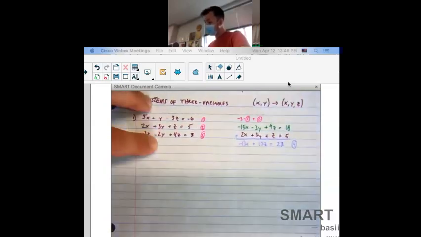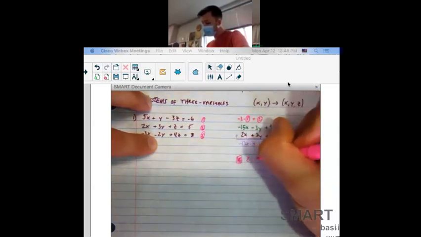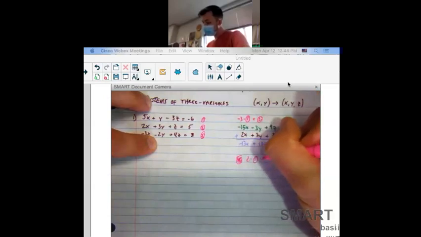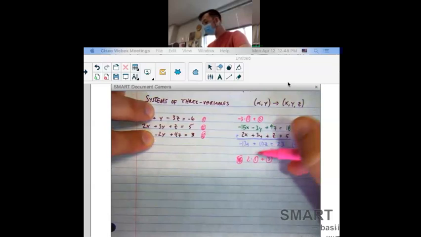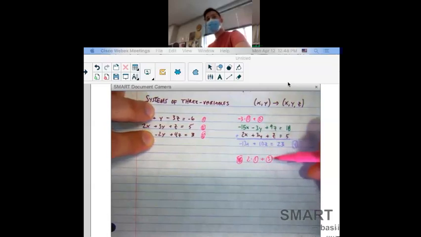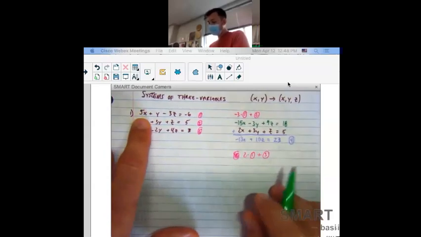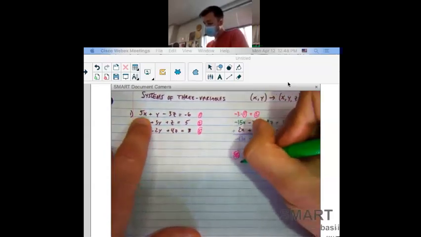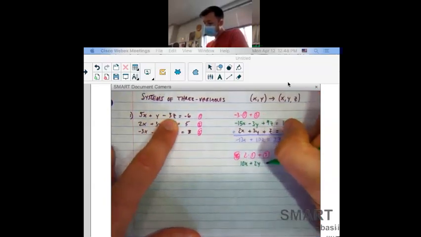So I'm going to take 2 times equation 1 and add that to equation 3. Those should cancel. As I go to do that distribution, you just need to be really careful. Take 2 times that, 10x, 2 times that, 2 times that.